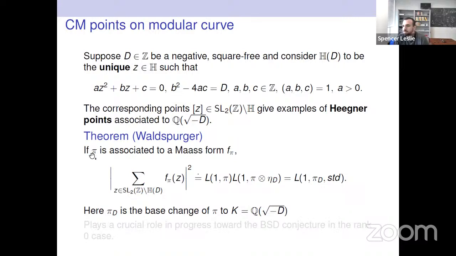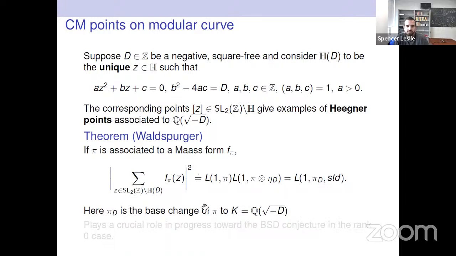So if my automorphic representation pi is associated to a Maass form of, say, weight 0, call it F, then if I average this Maass form over these Heegner points, the absolute value squared is this special value of a distinct L function. It's a product of L functions, which we think of as the standard L function of the so-called base change of pi to this imaginary quadratic extension.